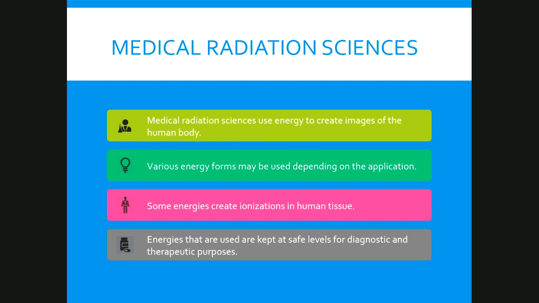I don't ever want to diminish the fact that what we do is dangerous, but if done appropriately and if the appropriate precautions are taken, then what we do can be relatively safe, but I don't ever want you to misunderstand that radiation is safe. It is not. They're called X-rays for a reason. When Roentgen discovered them, he named them X-rays because X is the variable for the unknown.